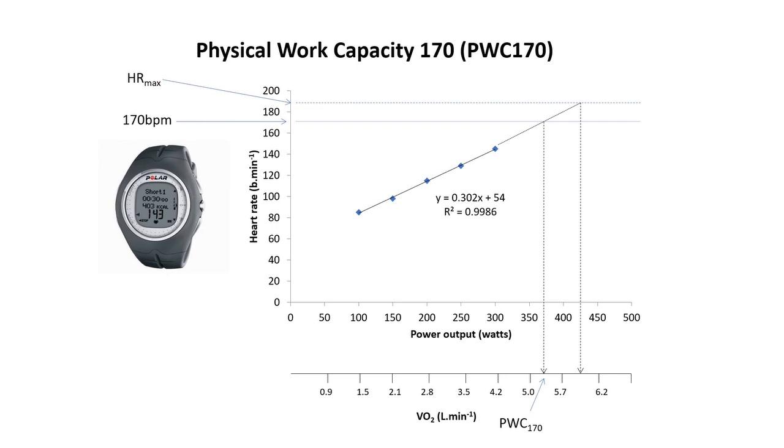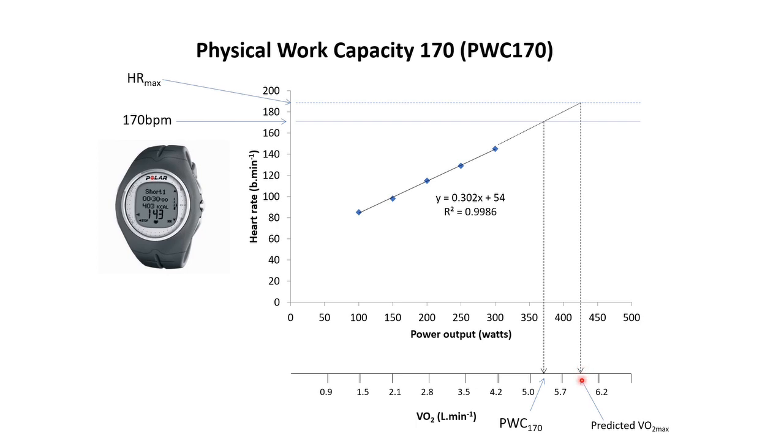So that's my physical work capacity at 170 beats. Now we can work out my predicted VO2 max, because at VO2 max we've got a maximum heart rate, which is here. So my predicted VO2 max may not be my true maximum, but it's going to be pretty close.